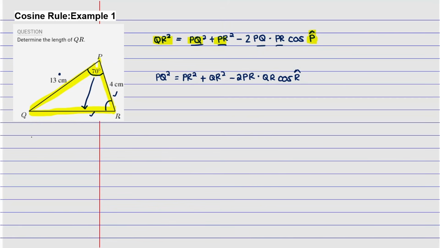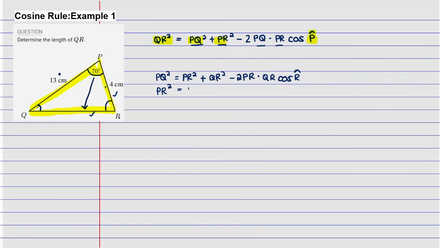Do you see that? So now let's move on to if maybe we're looking for Q. The two sides are this one, and the angle, the side that is opposite to that, is going to be PR. So you will start by saying PR squared is equal to, what are the two sides?